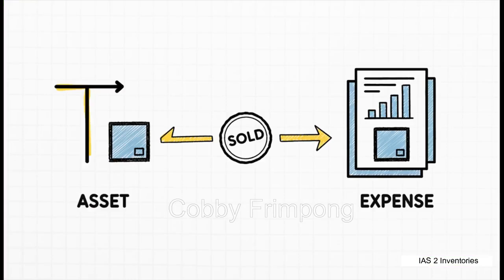Its value, the final lower of cost or NRV number, it moves. It gets taken off the balance sheet where it was an asset, and it reappears on the income statement where it becomes an expense. And this particular expense has a very famous name, cost of sales, or as you will often hear it, cost of goods sold.